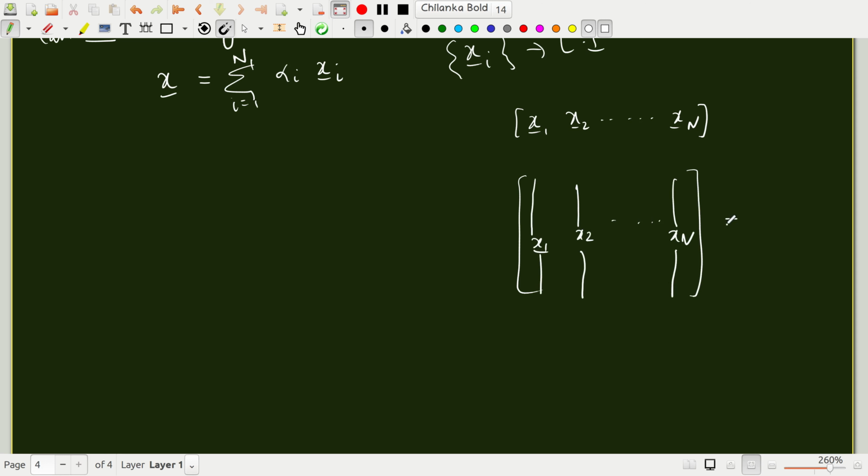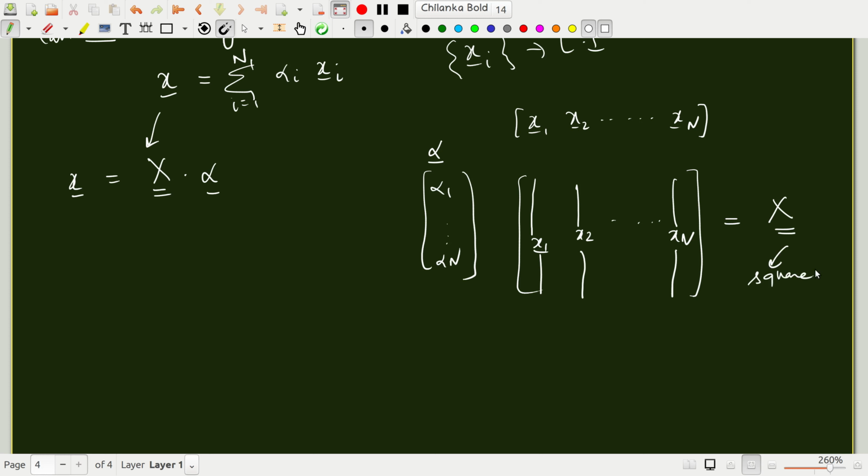So this can be thought of as a big matrix X, and you can think of the coefficients of expansion alpha_i as another column vector. So I can write this in matrix form as x equals X times alpha. This is the alpha vector, this is the X matrix, which is a square matrix, of course.